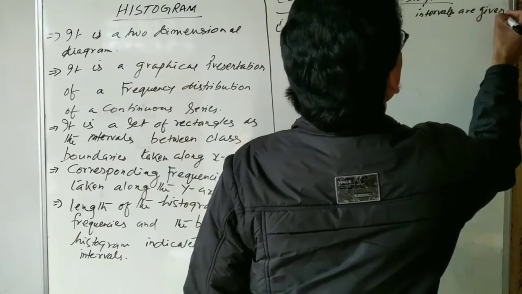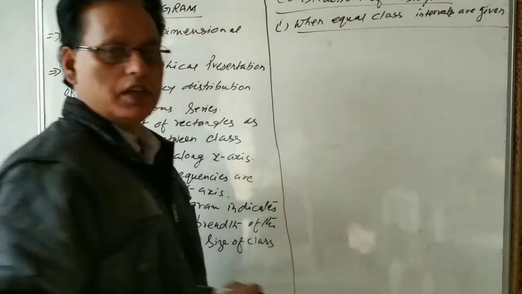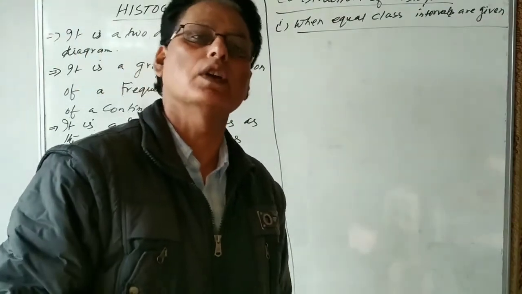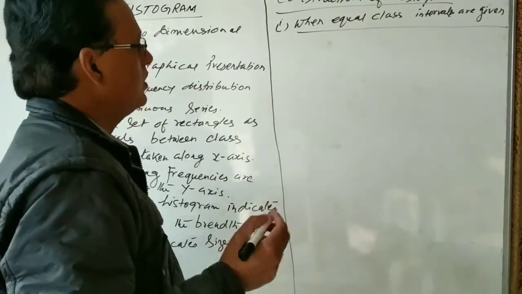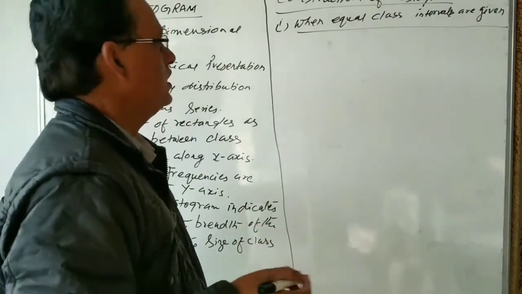So when equal class intervals are given, how can we draw a histogram? This we can do by taking one example.